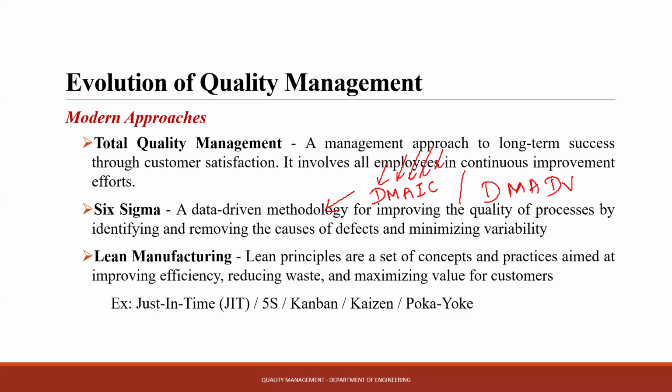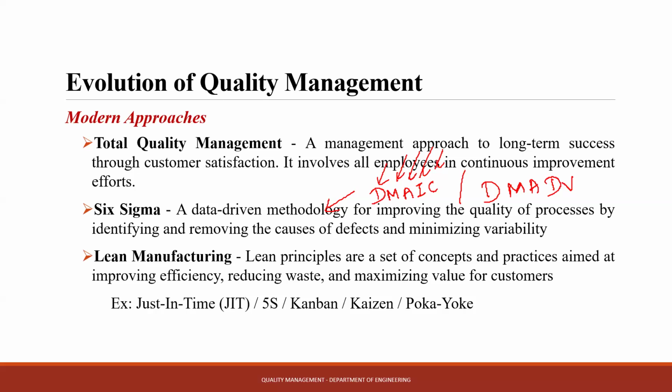When it comes to lean manufacturing, we focus on maximizing the value and minimizing the waste. We set some principles to improve the efficiency, add more value, and also minimize the waste. So that is the main target under lean manufacturing.